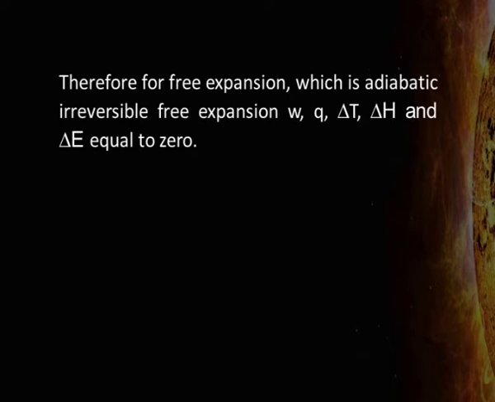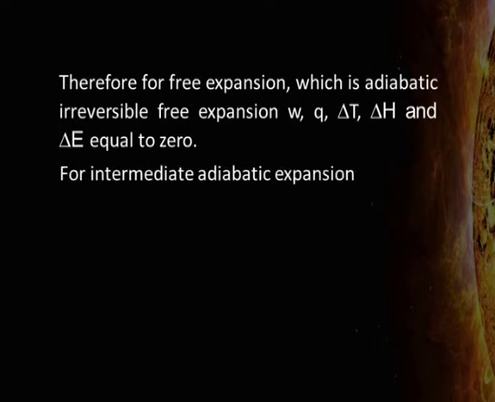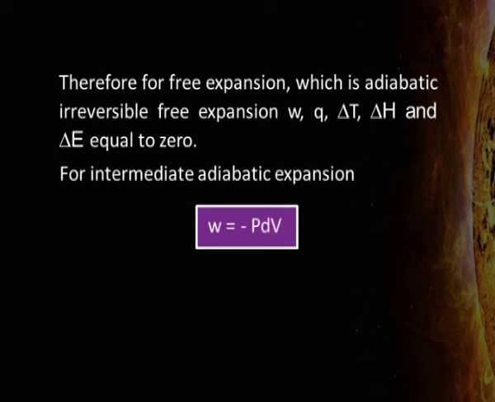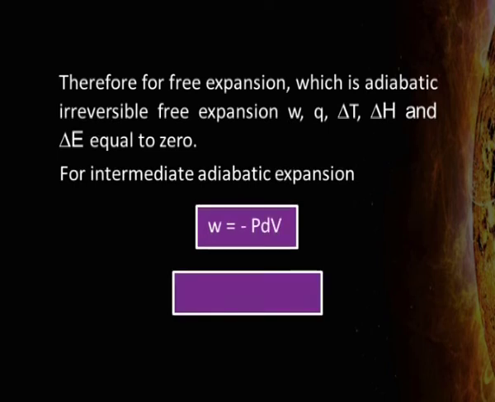For intermediate adiabatic expansion, W will be equal to minus P dV, that is W will be equal to minus P multiplied by V2 minus V1.